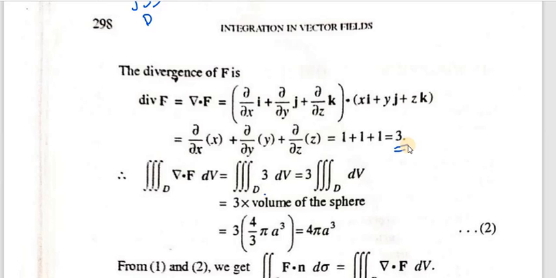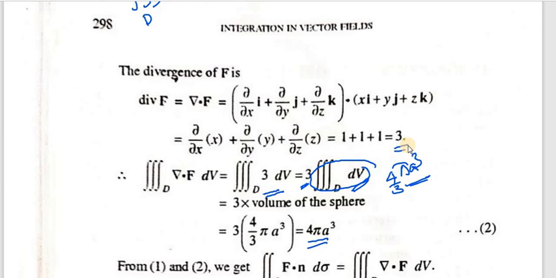Therefore triple integral over D of 3 into dv, taking 3 outside, is 3 times triple integral over D dv, which is the volume of the sphere. Volume of the sphere is 4 by 3 pi a cube. So substituting that value, we are getting 4 pi a cube.